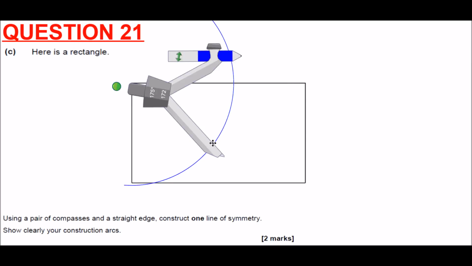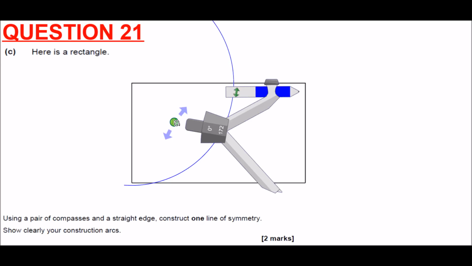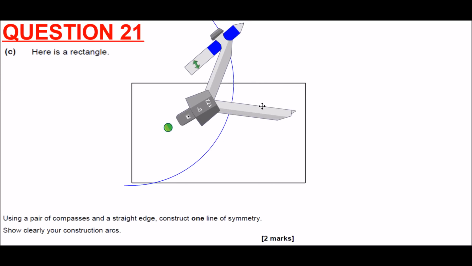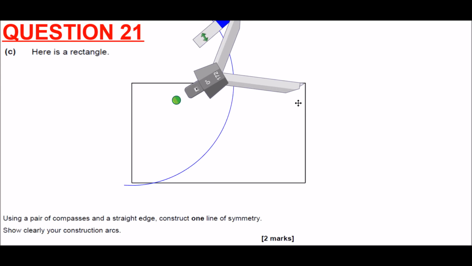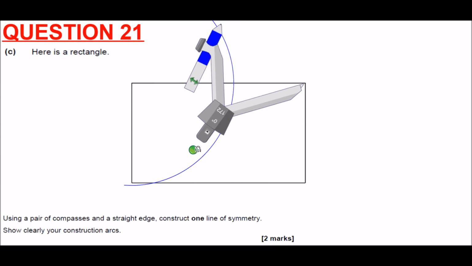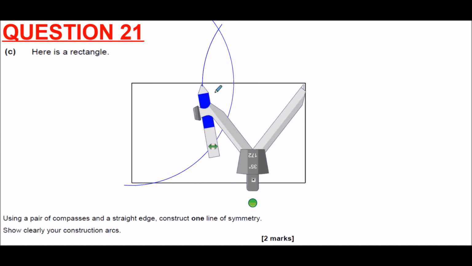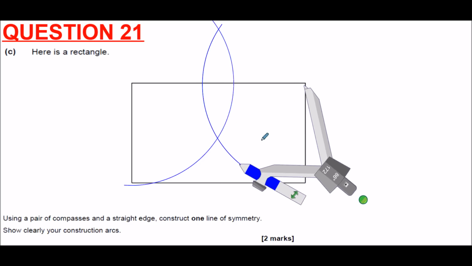I'm going to move the compass over. I'm going to do the same thing from the other end. And what will happen is it will cross in two different places.